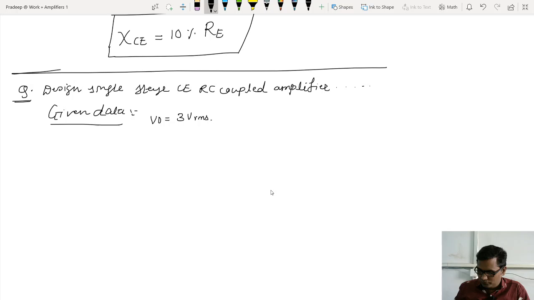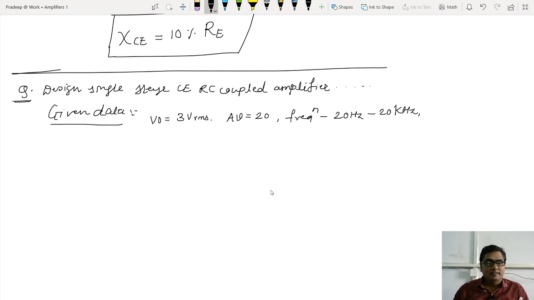Whatever it is, we'll follow the process afterwards, but for the time being let us start with the given data. The second thing is the voltage gain, AV, which is 20, and it should not have any unit. Then they have specified the frequency range, 20 Hertz to 20 kilohertz.